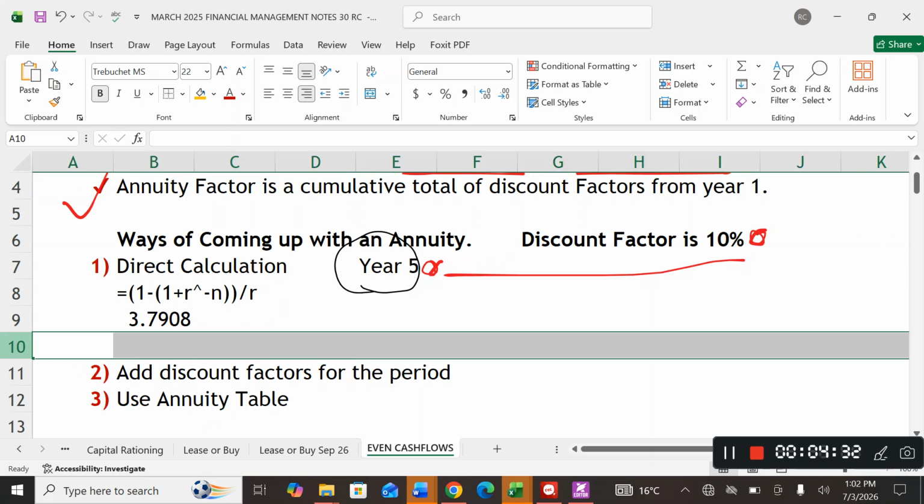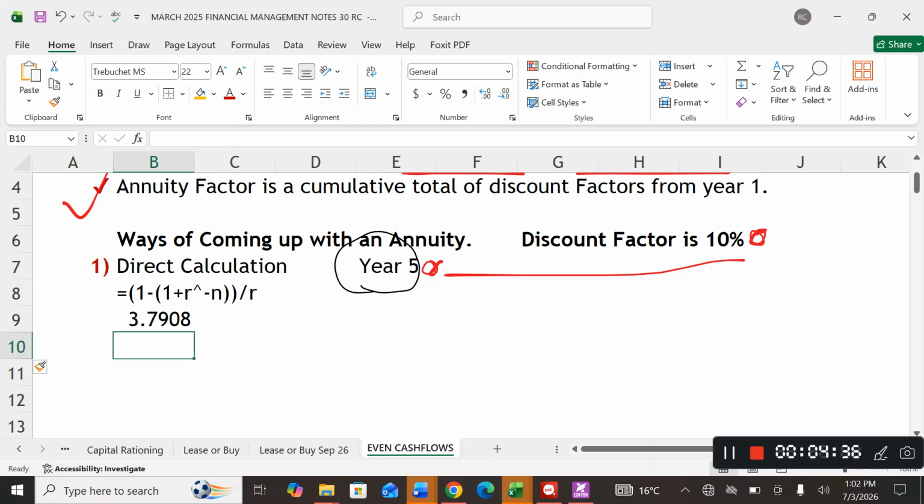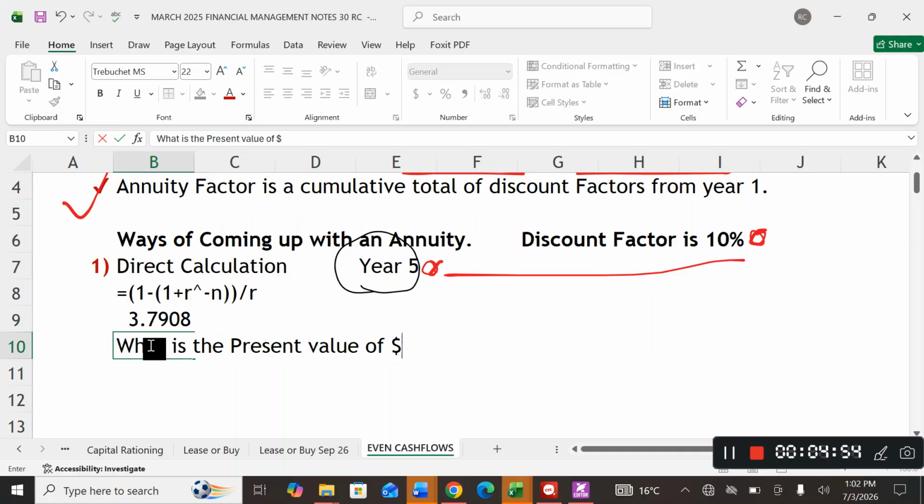Assuming, as an example, that I was going to receive 2,000 per year from year 1 to year 5, what is the present value of the 2,000 annuity from year 1 to year 5?